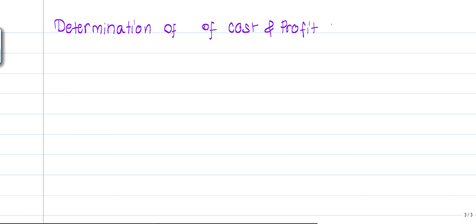Next one is the determination of cost and profit under marginal costing.